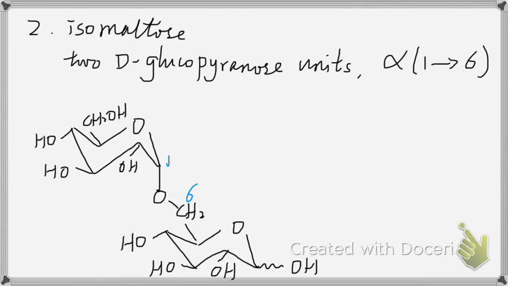The first unit is the same as the one in maltose. It's an alpha glucopyranose, and it forms a linkage with carbon 6 of the second unit, the CH2OH part. So this is the alpha 1,6 linkage.